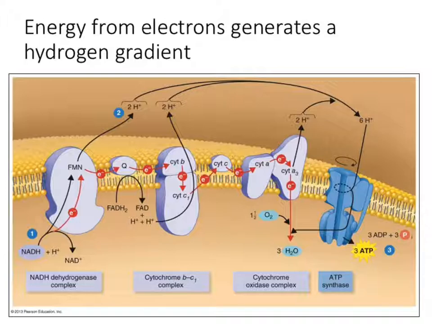Yeah, the ability to pull electrons. And so what that allows for, each complex, 3 is more electronegative than 2, and 4 is more electronegative than 3. This allows for essentially a pulling of electrons through that electron transport chain. And guess what's most electronegative? Actually, no. That was a good guess, though.